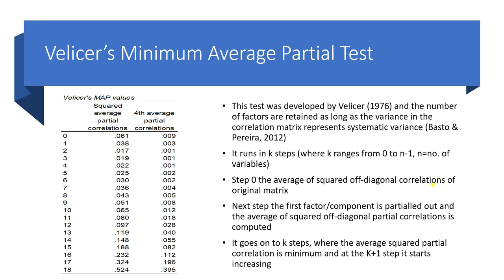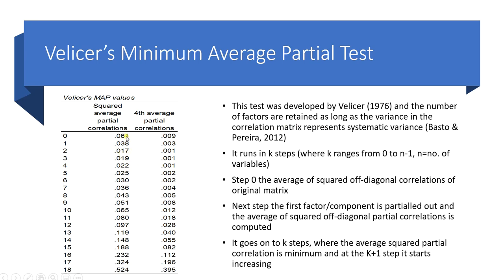And this procedure will keep on going. So we will calculate n minus 1 steps and the number of factors corresponds to the minimum average partial correlation.